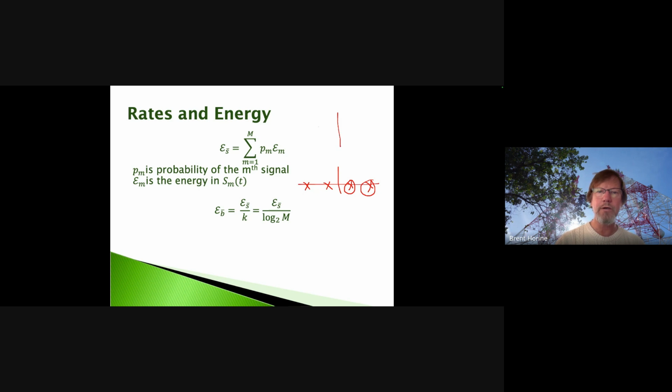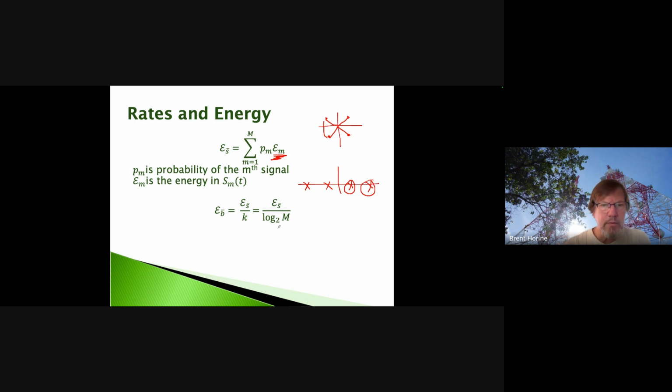Or I could array them as that other diagram I showed you earlier. Now each of these are the same distance from the origin, which is how we might describe their energy. So these would have the same energy, and these would have different energies. So E sub m might not be a constant.